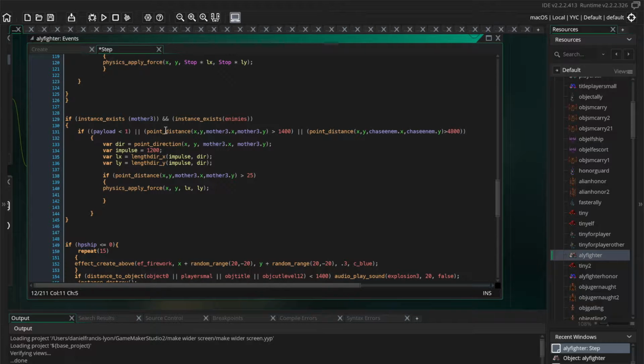And in my case, I also said if the enemies exist, then it'll check if payload is less than 1, or if the distance to the mother is greater than 1,400, or if the distance to the nearest enemy is greater than 4,800. So basically, if you're out of ammo, you're going to go towards the mothership. Even if you have ammo, but you're more than this far away from the mothership, you're going to go towards the mothership, because I've tied my fighters.